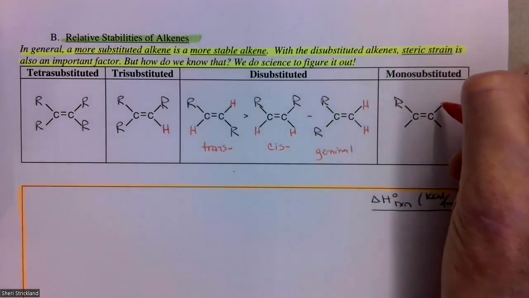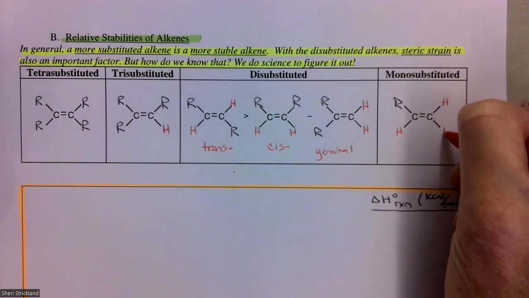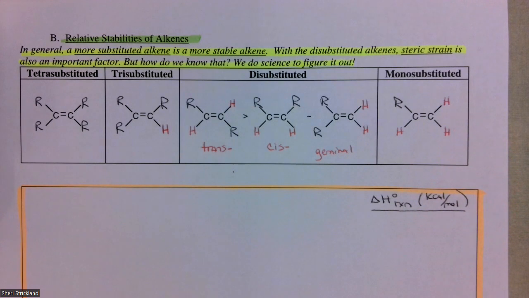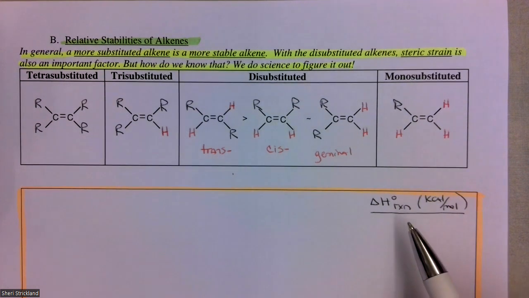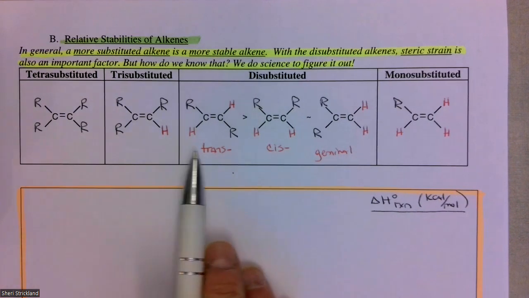With a monosubstituted alkene, you only have 1 alkyl piece attached to 1 of the sp2 carbons and 3 hydrogens in the other 3 places. Now, we're going to take a look at 3 reactions and their enthalpy changes to see what the scientific basis is for saying this.